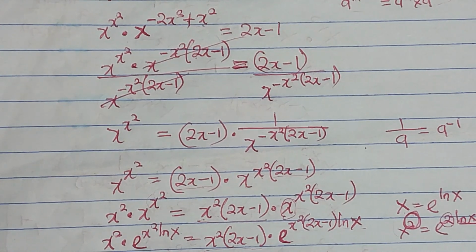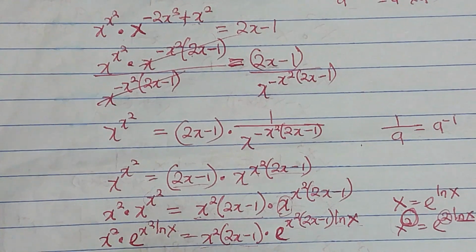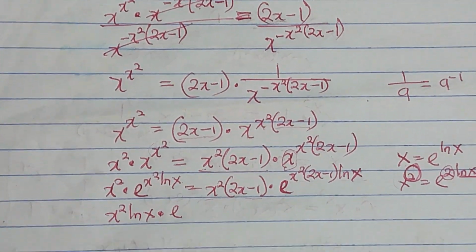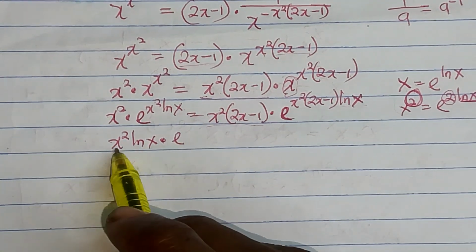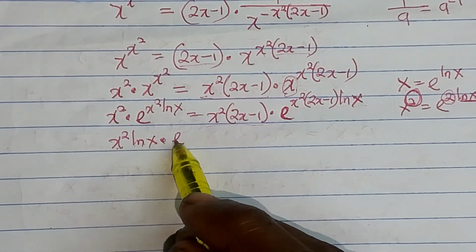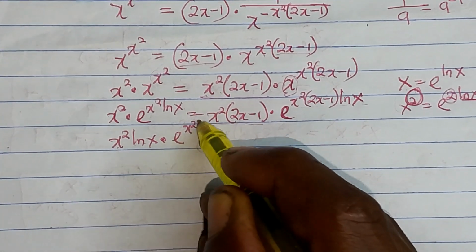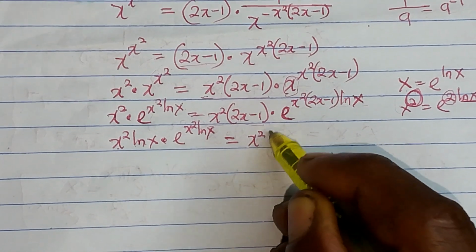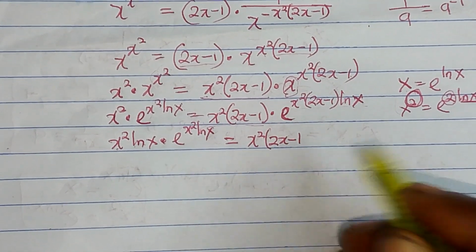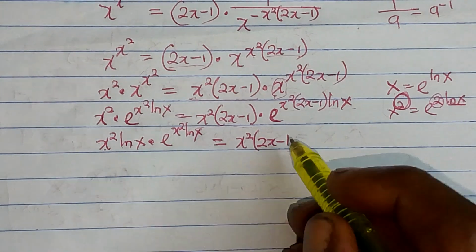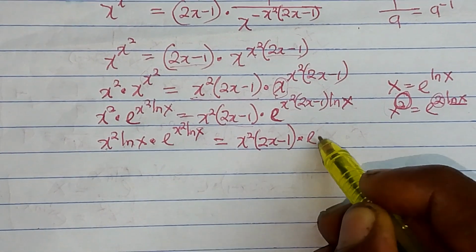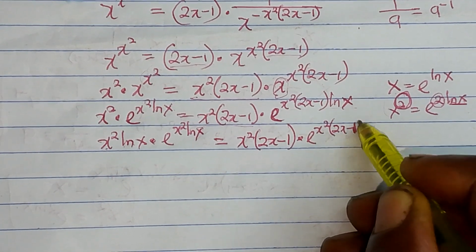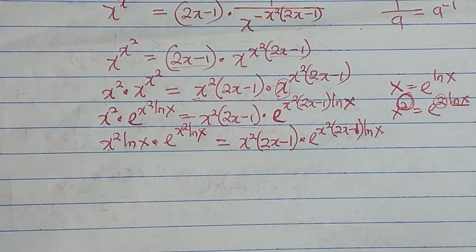So if we multiply both sides by ln x, then we are having x squared multiplied by ln x multiplied by e to the power of x squared ln x equals x squared multiplied by 2x minus 1 multiplied by e to the power of x squared multiplied by 2x minus 1 ln x.